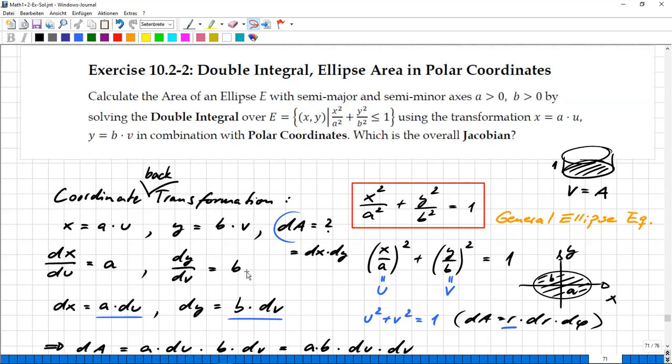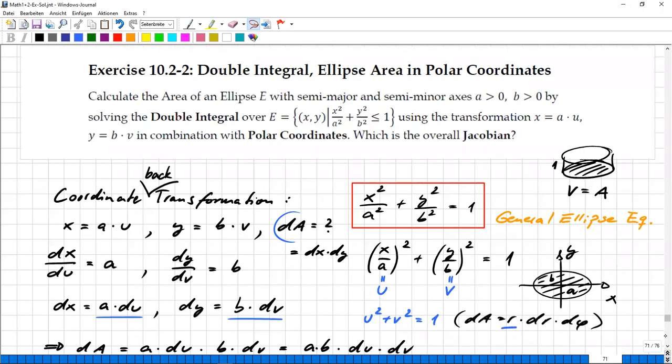That's it. Now, it means by splitting up the differentials that any incremental increase of variable x will always be a factor of a times the incremental increase of u. The same holds for y accordingly, okay? dy will be equal to b times dv. So that's, as I said, simple.